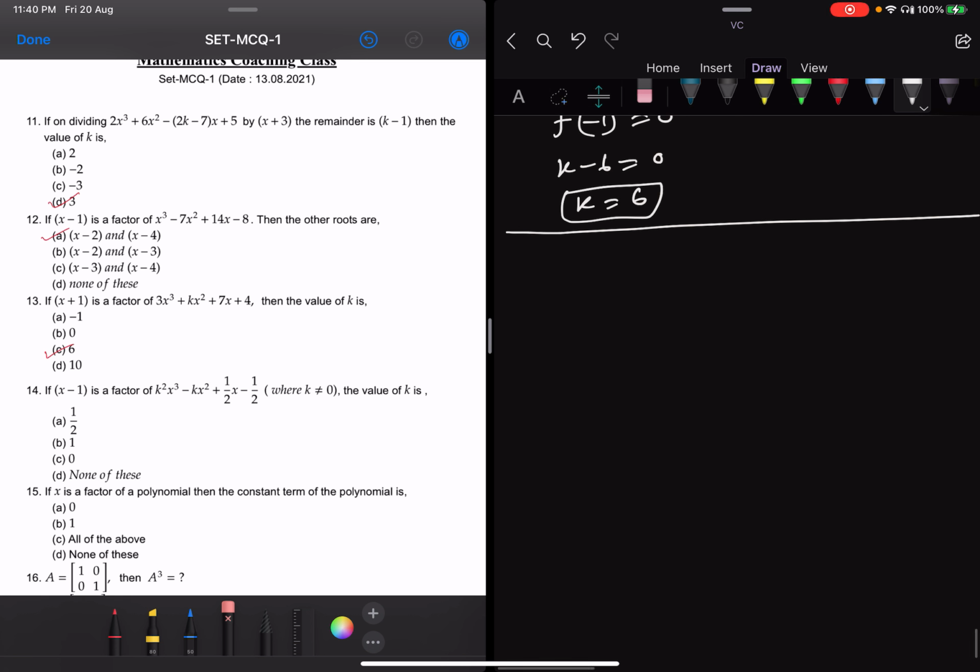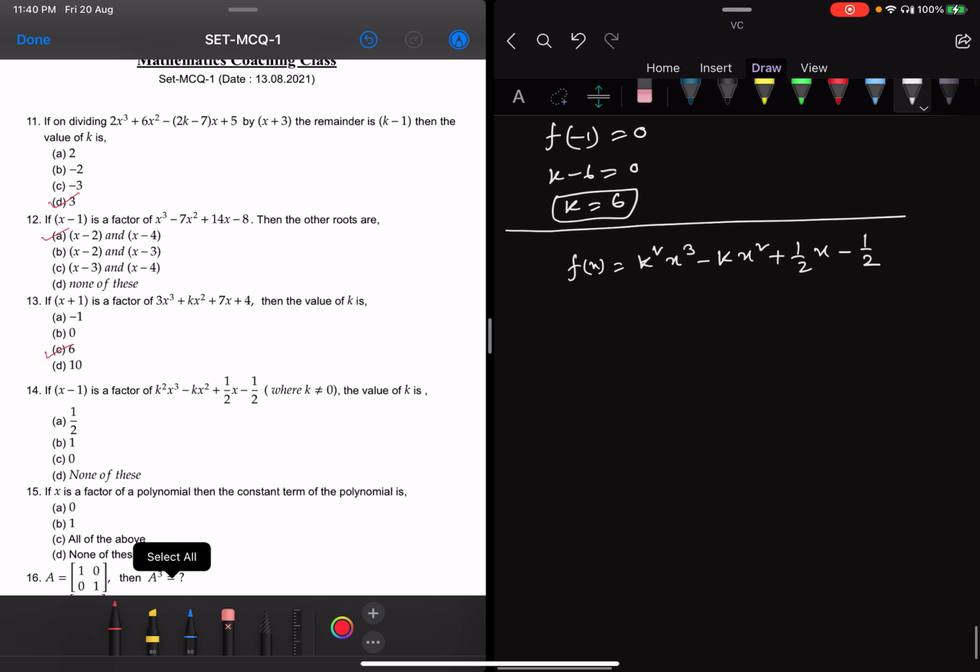Option number C. The next problem is, if x minus 1 is a factor of this expression, what is the value of k? Now how to find the value of k? As x minus 1 is a factor, we can consider f of x equals k square x cube minus k x square plus 1 by 2 x minus 1 by 2.